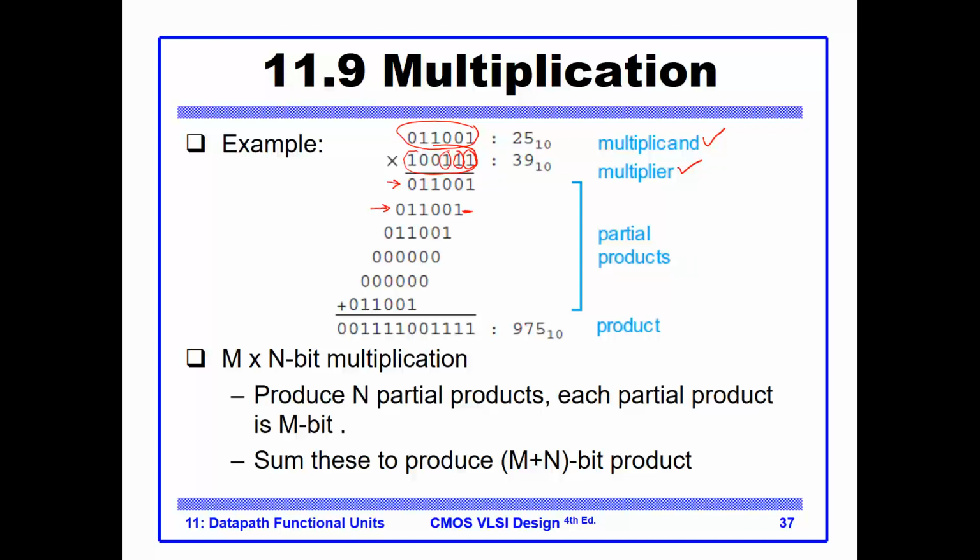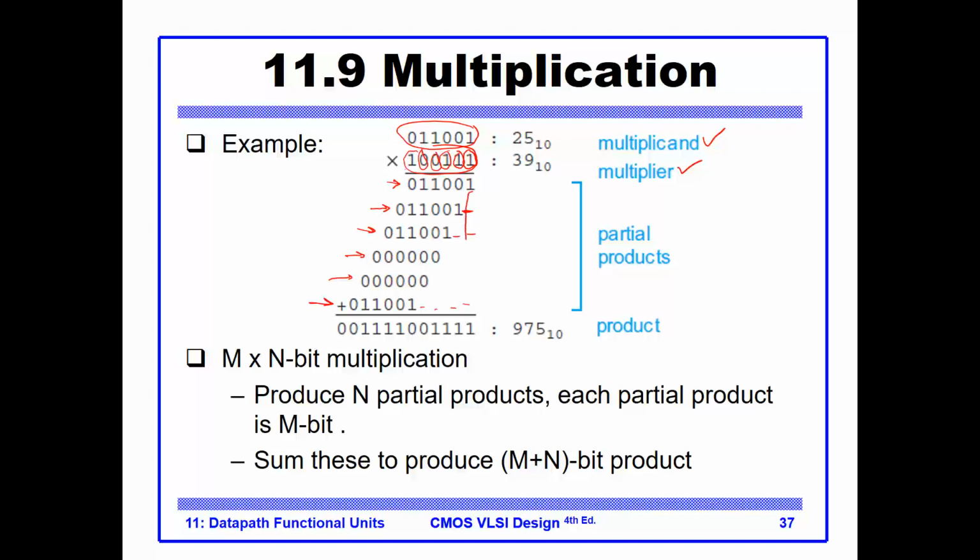And the third bit, we copy after shifting by 2 positions. The fourth bit is a 0, so we copy a string of zeros. Fifth bit 0, string of zeros, and the last bit is 1, and we copy the multiplicand shifted multiple positions to signify its appropriate position. Okay, then we add.